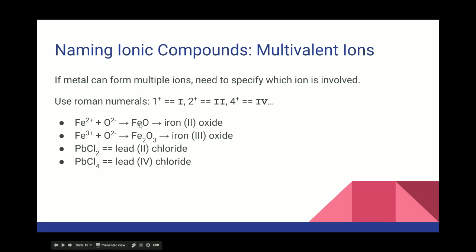So iron, for example, can take a 2+ charge or a 3+ charge. So iron plus oxygen with a 2+ charge on the iron. It's a 1 to 1 ratio. Iron(II) oxide. Use a Roman numeral to indicate the charge. Iron with a 3+ charge. Bring them down. 3 and 2. That means it's Fe2O3. Iron(III) oxide.